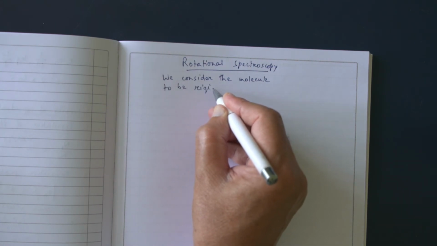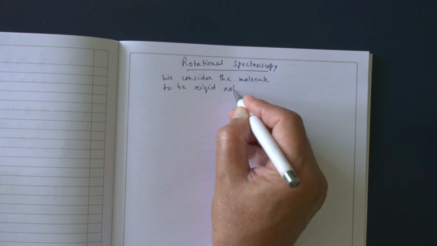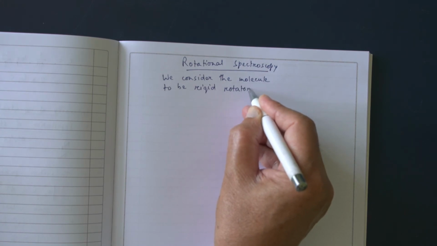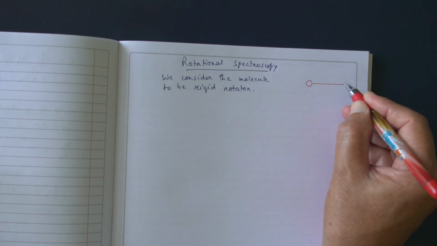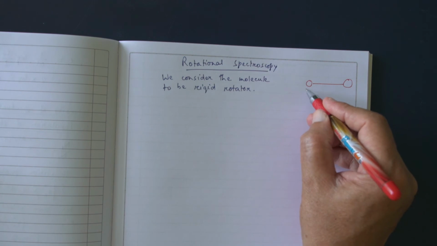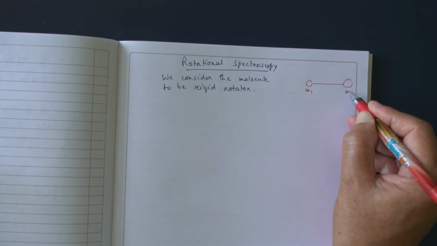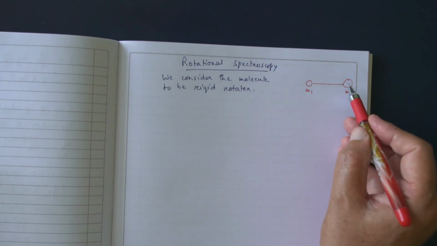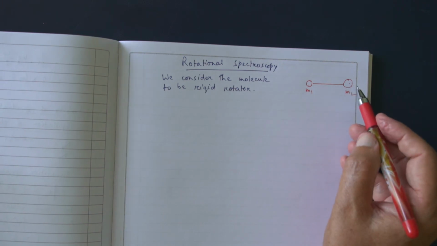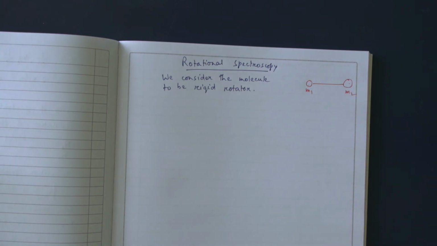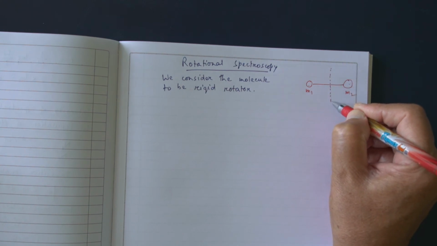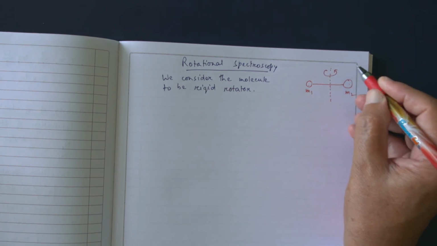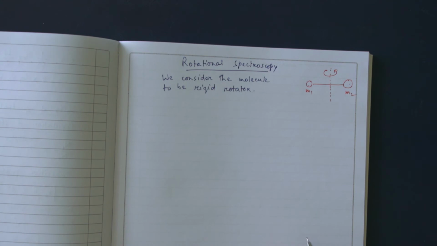As we have already said, suppose this is the molecule, this is M1, mass is M, suppose a hydrogen chlorine, HCl molecule, and this is the axis about which the molecule rotates.